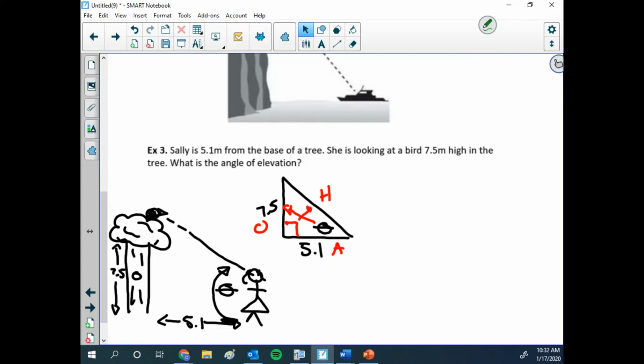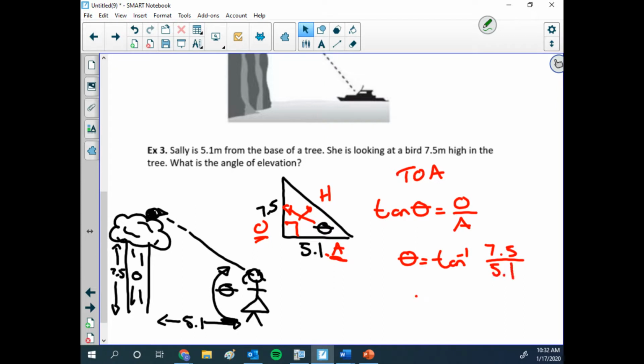To find that angle of elevation, what trig ratio would I have to use? Tan, right? I have O and A, so I'm using TOA. So tan of theta equals O over A. So theta is going to equal, I'll just skip a step, tan negative 1 of 7.5 over 5.1.